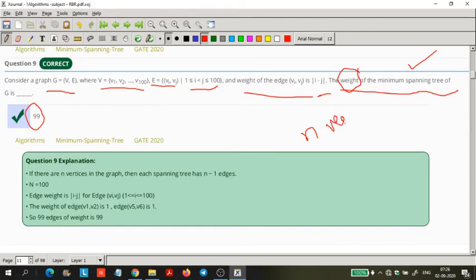So here, if there are n vertices in the graph, then each spanning tree has n minus 1 edges.